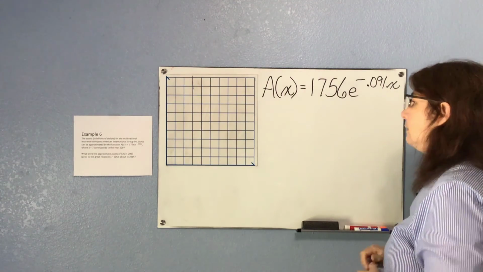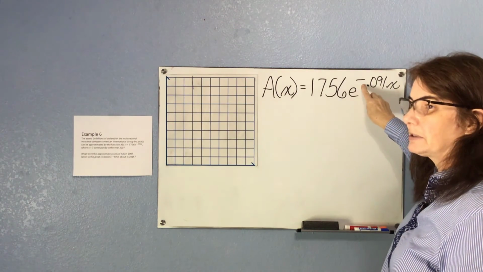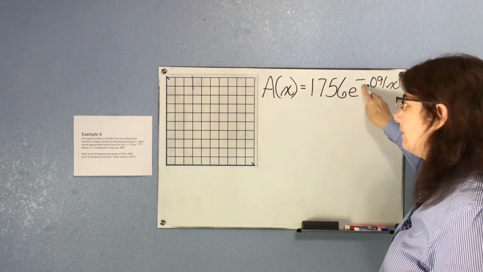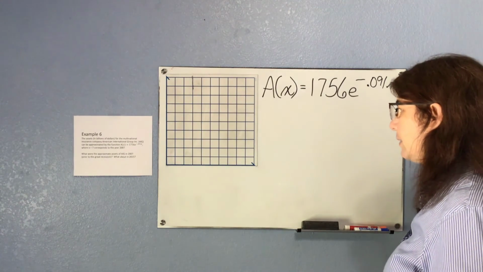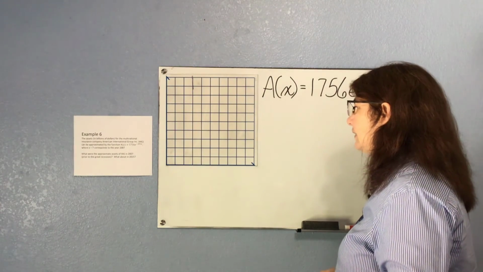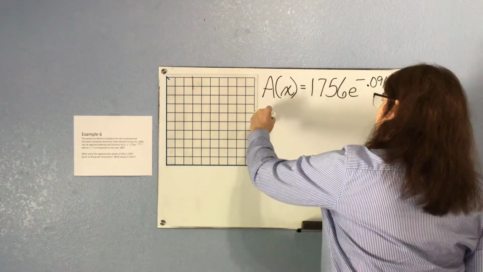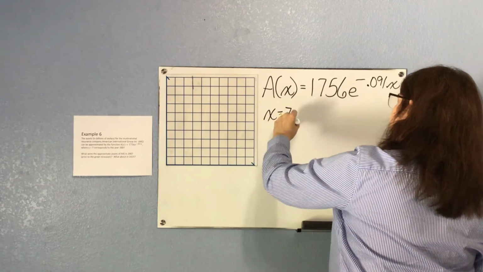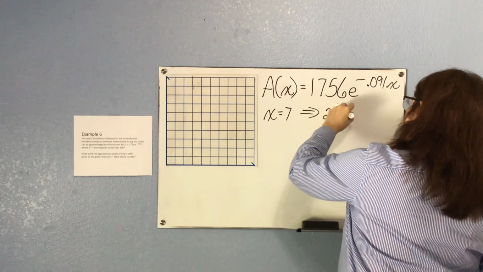So right off the bat, looking at this, I got a negative exponent, which tells me that the value of these assets is going to be falling instead of rising. So what were the approximate assets of AIG in the year 2007? And they tell me that x equals 7 does correspond to the year 2007.